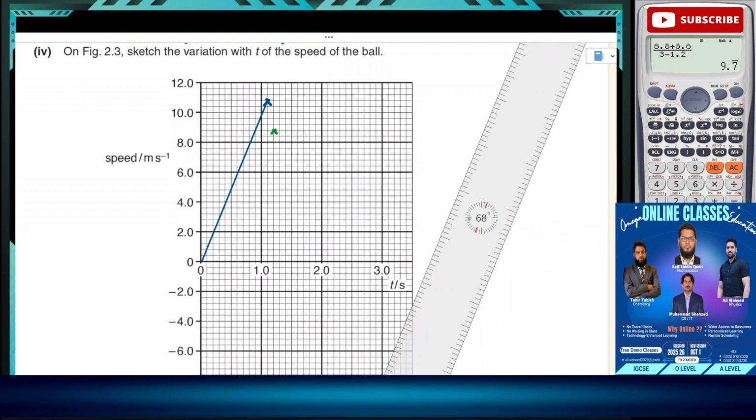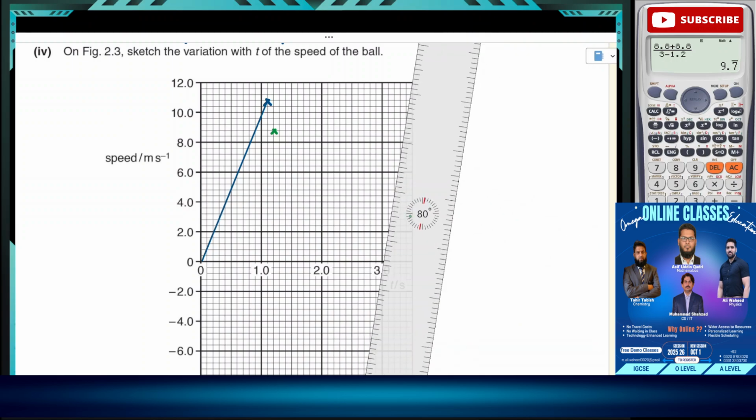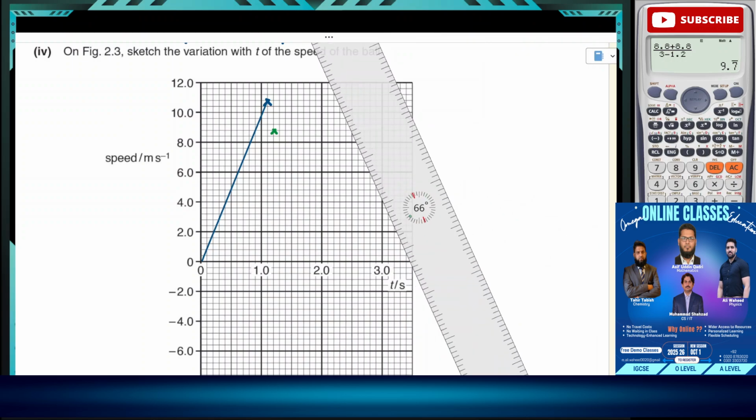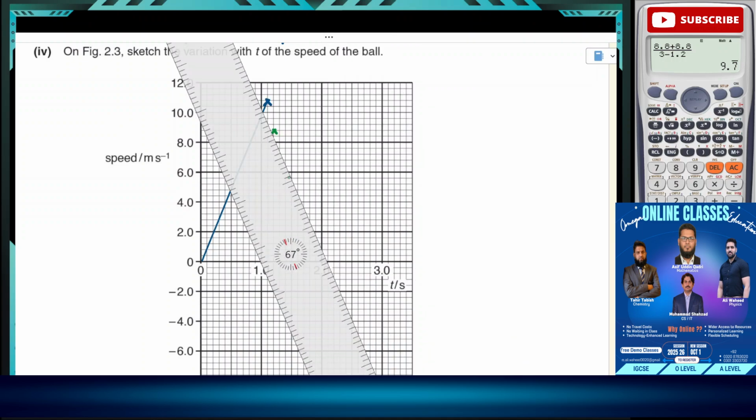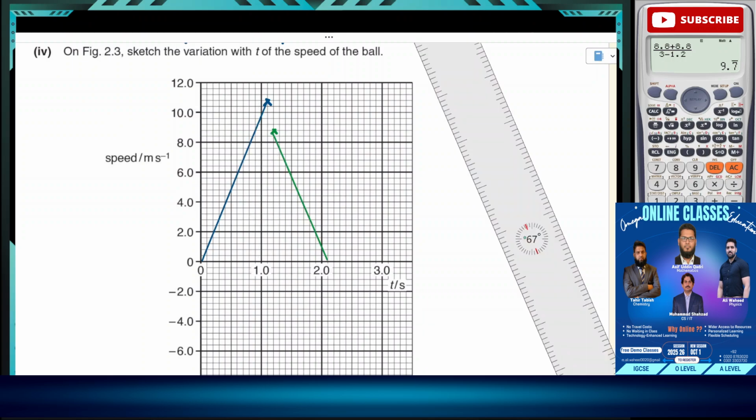And that speed decreases to 0 till 2.1 second.